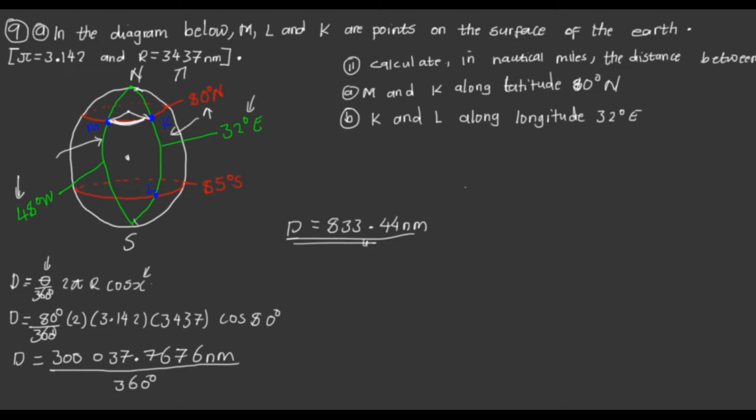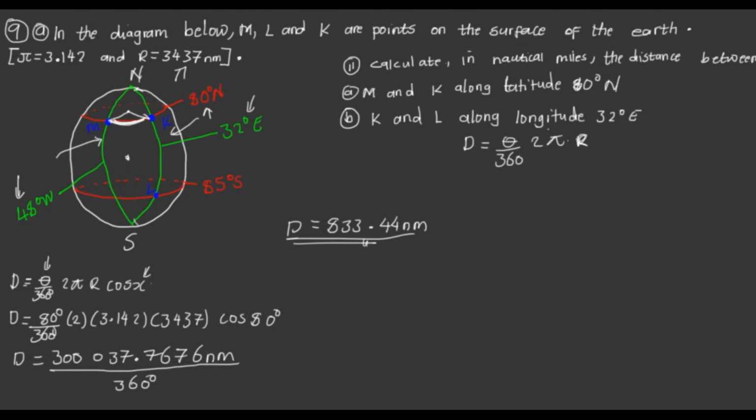Okay, now let's move on. We look at the distance K and L. For K and L, we are able to see that K and L lie on the longitude. So this time we are finding the distance when the two points lie on the longitude. The formula is distance equals theta over 360 times 2 pi r.